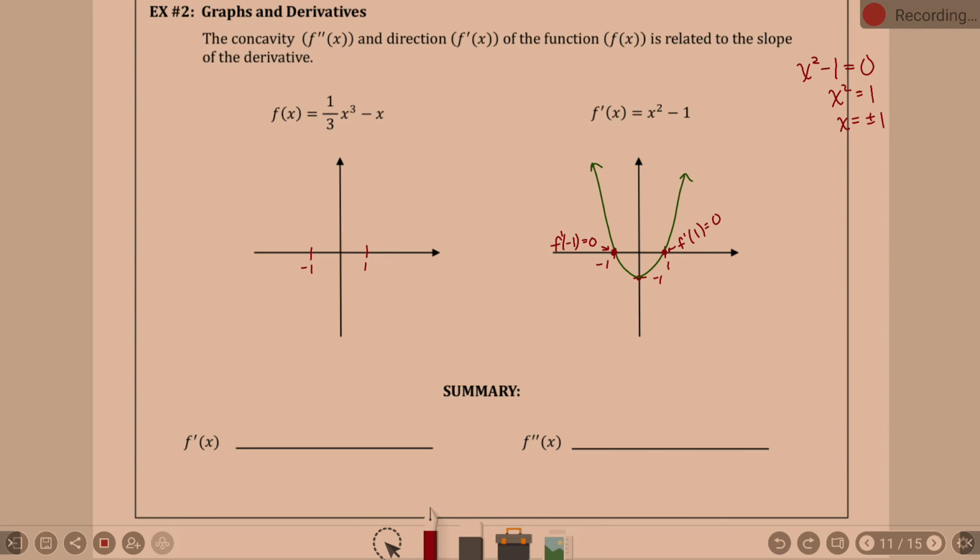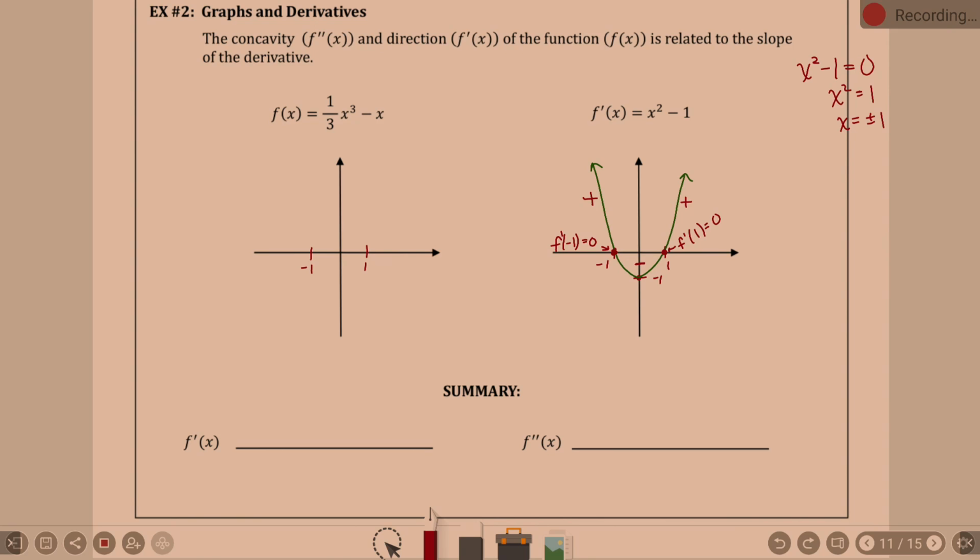Now, between -1 and 1, what is the sign of my derivative? Negative. It is below the x-axis, so it is agreed that this is a negative interval, yes? To the left of -1 and to the right of 1, my first derivative is positive because it is above the x-axis, correct?